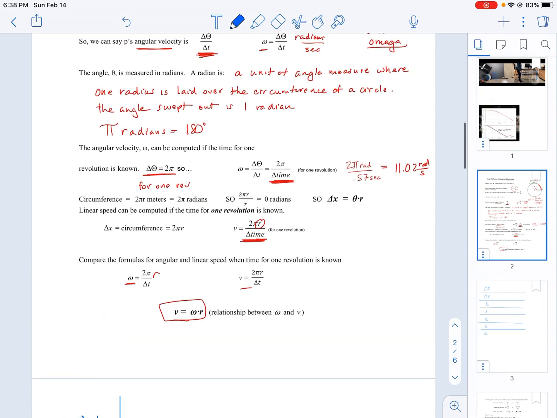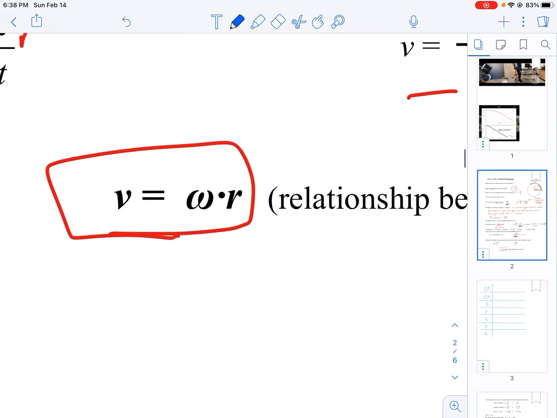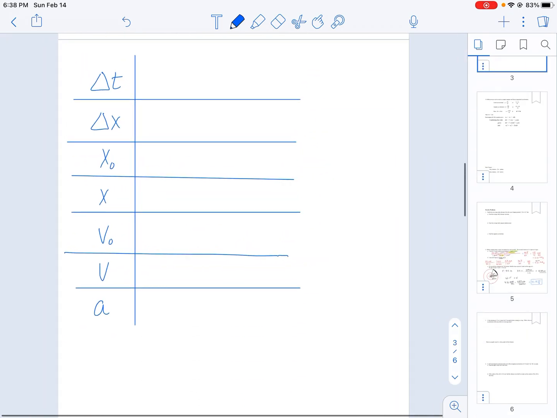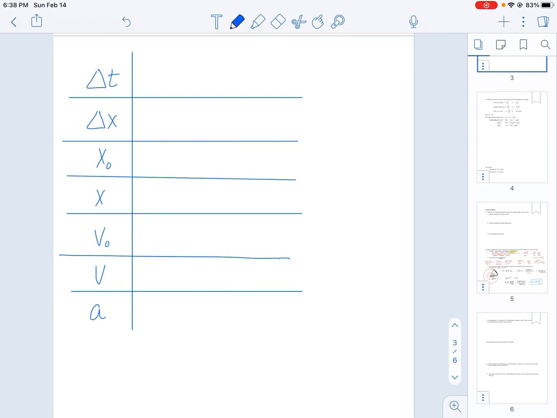So in the last section, we saw that linear velocity is equal to angular velocity times the radius. So linear velocity is equal to angular velocity times radius. Okay, so we would say that angular speed, because its direction is always changing. So I'm sorry, I misspoke.